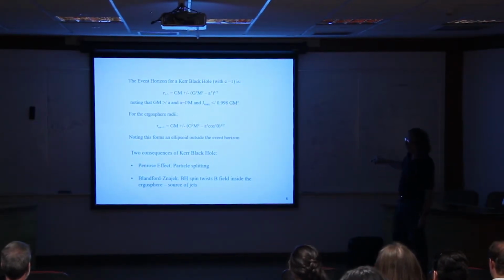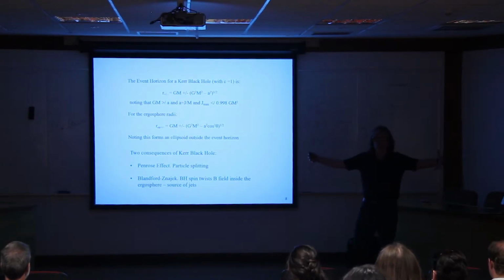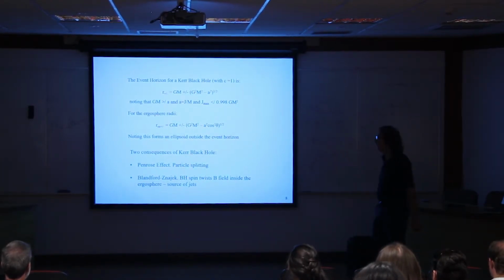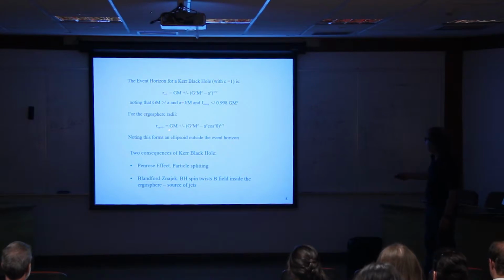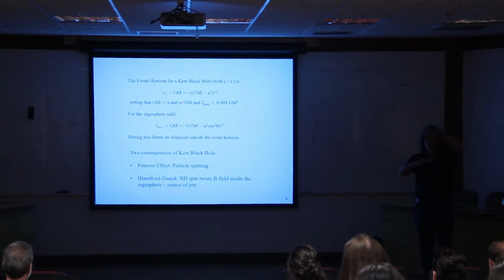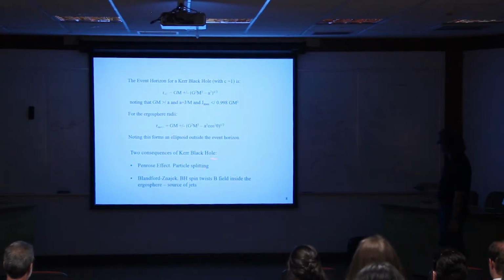The ergosphere of the Kerr black hole system, around the event horizon, can be defined with an inner and outer radius equal to this. As theta changes, the size of the radius changes, and that gives you that kind of ellipsoid shape that was shown in the previous slide.